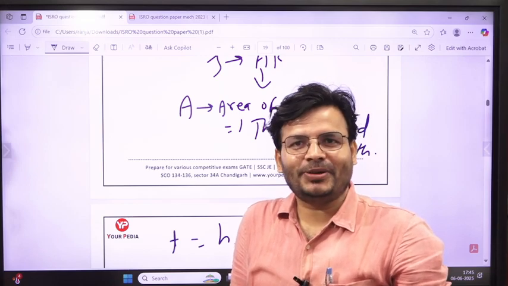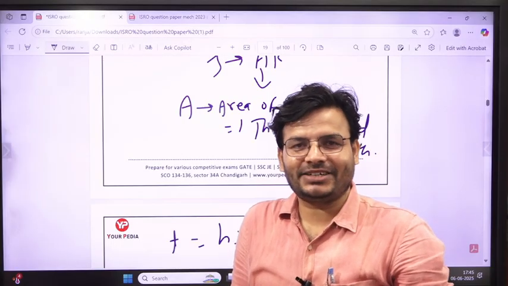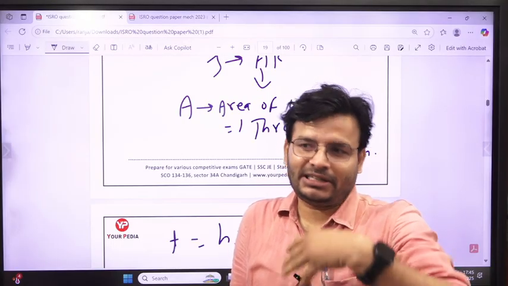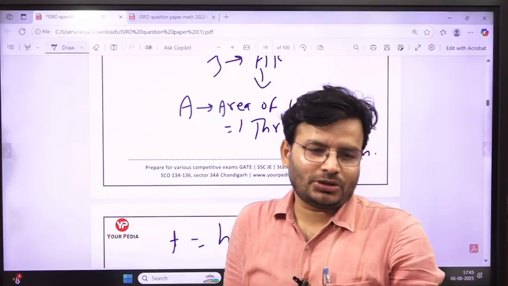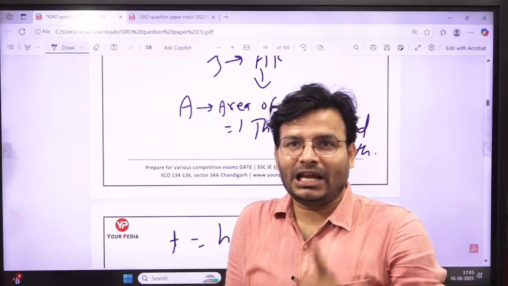Even for simple multiplication they use the calculator. So if you are totally dependent on the calculator, work on that and try to solve questions without calculators. That will help you a lot in the exam.